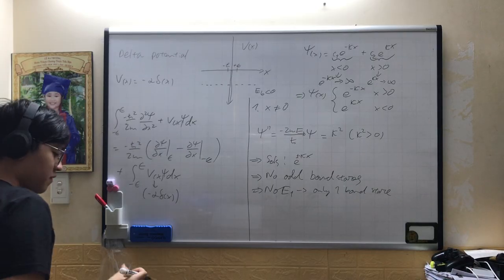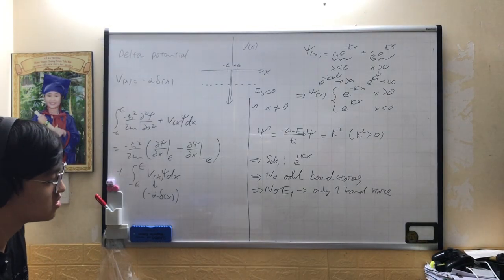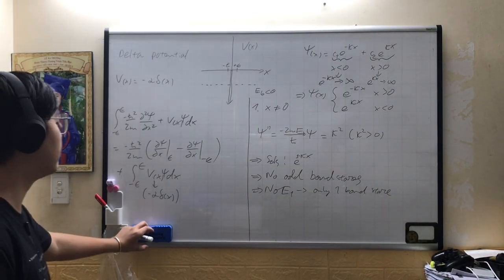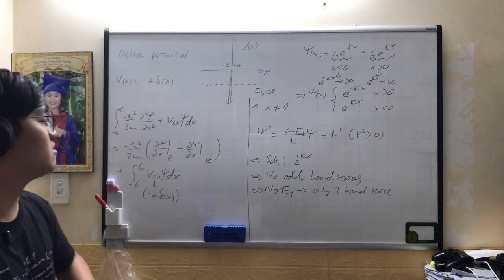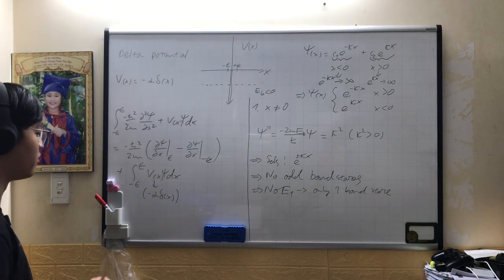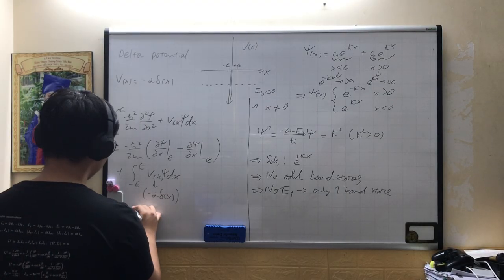And if you remember, as I said in the Dirac delta function video, your delta function is basically a sifting tool for you to pick specific points. And here it picks 0. Since this guy is not 0, that guy is not that relevant.